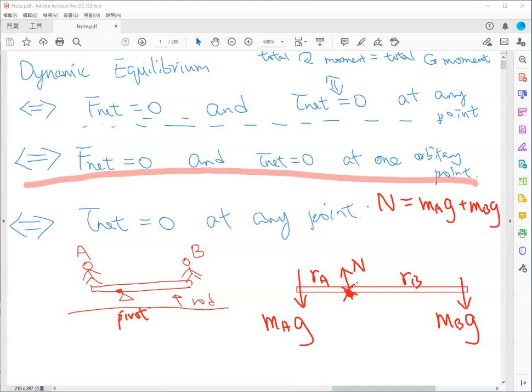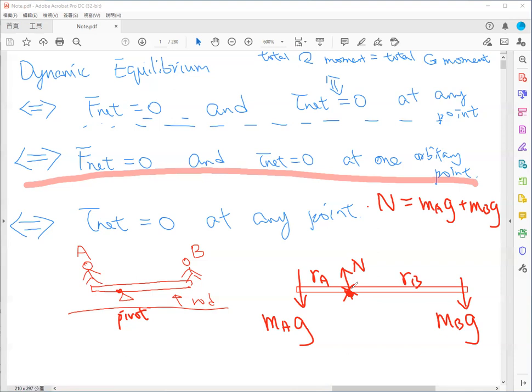Then the moment of N about this point will be zero. The moment of mAg about this point is an anti-clockwise moment, and the moment of mBg is a clockwise moment. You see it?